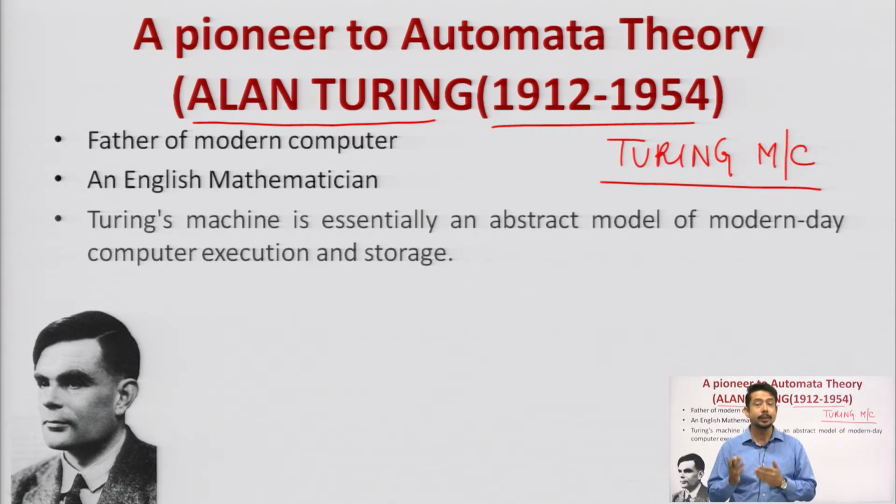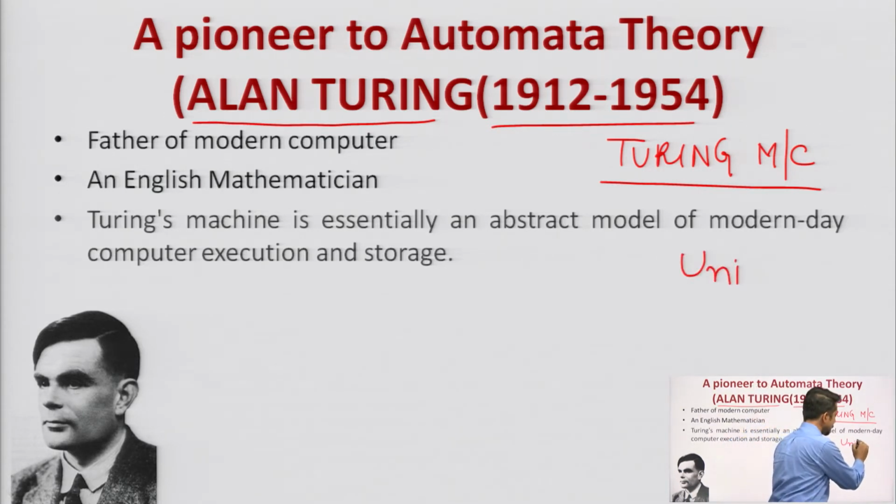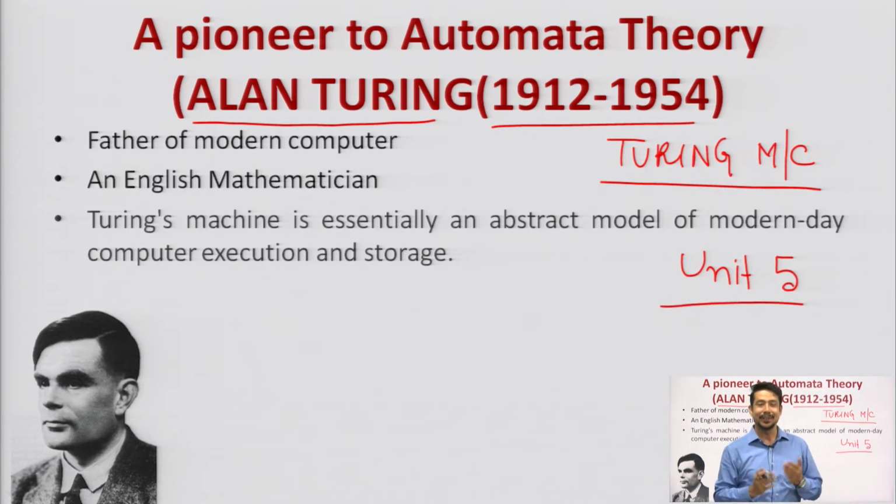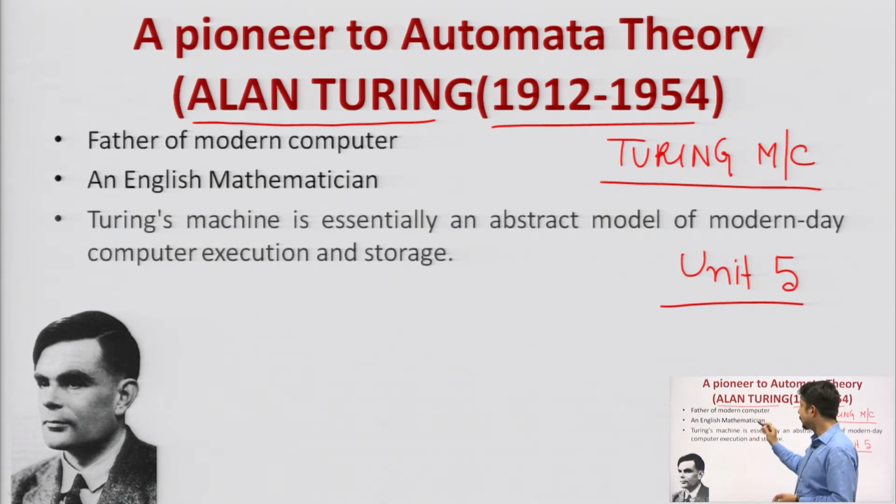How Alan Turing developed this, you will come across in unit number 5. Till then you need to be patient. You need to understand the different basic underlying models. Alan Turing is referred to as the father of the modern computer. He was an English mathematician.